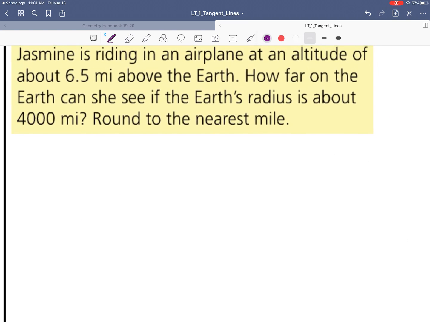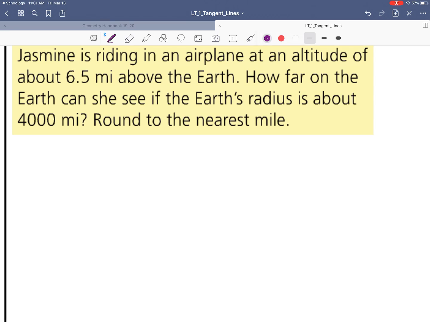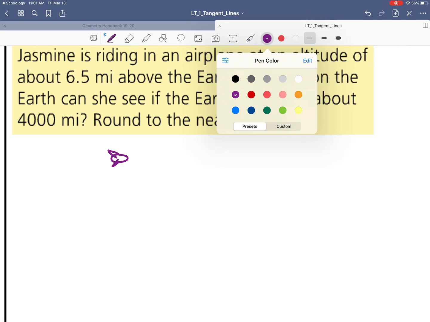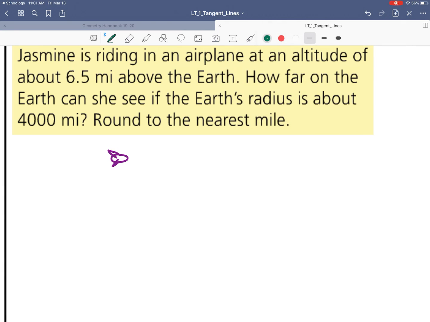All right, let's go to this one. Jasmine is riding in an airplane, so let's get an airplane. At an altitude, so with an altitude, let's look at, we've got the Earth, and we've got an altitude of 6.5 above the Earth, which means a perpendicular to the Earth.